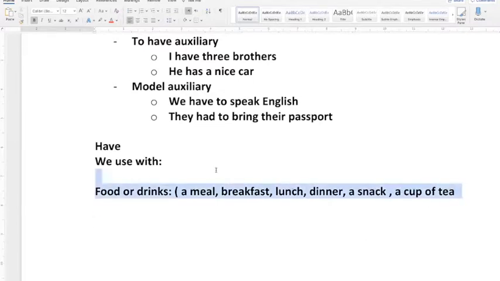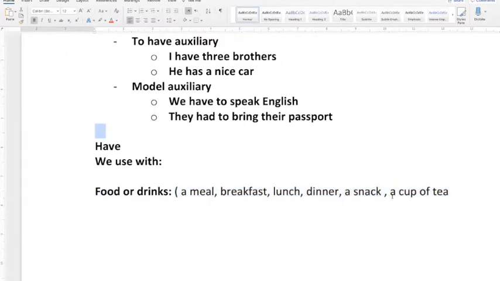I'm going to give you an example for each one of them. For example, we can say, I had a good breakfast before I left home. That is the example for food or drink.